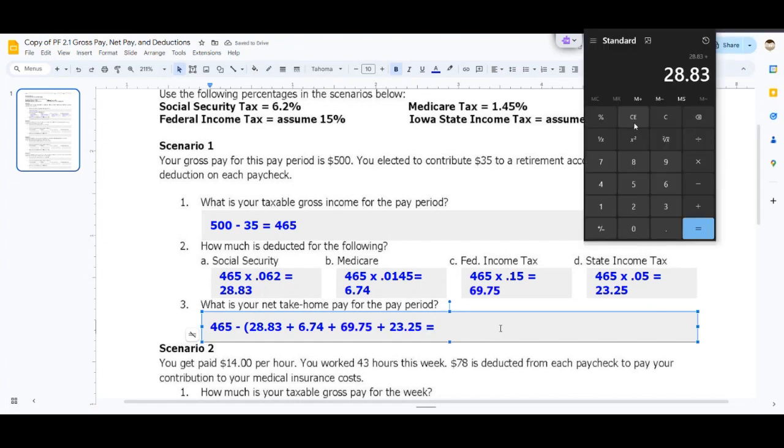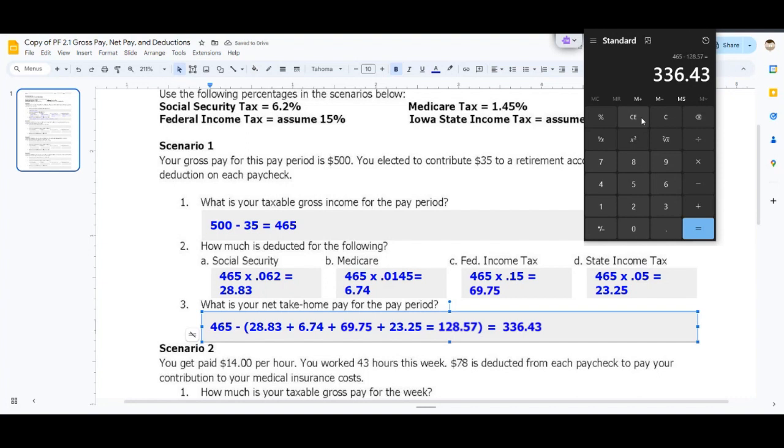What is that? That adds up to 128.57. So 465 minus 128.57 is 336.43.